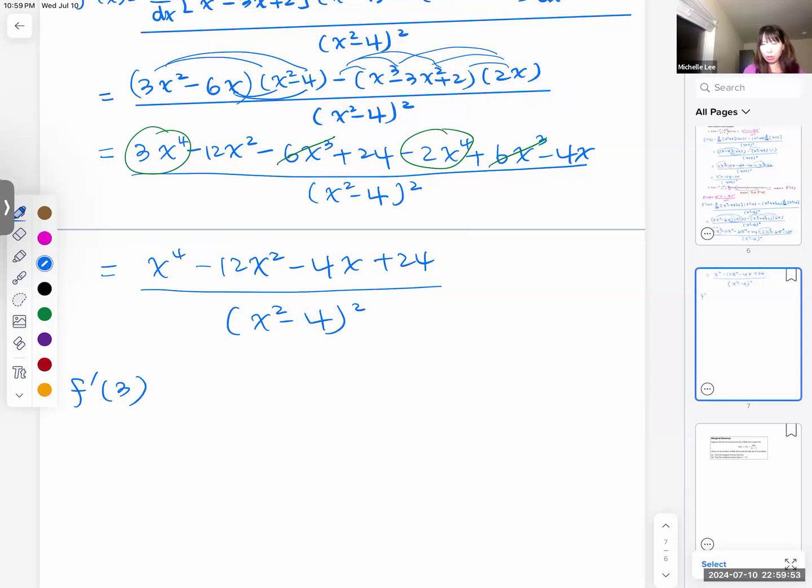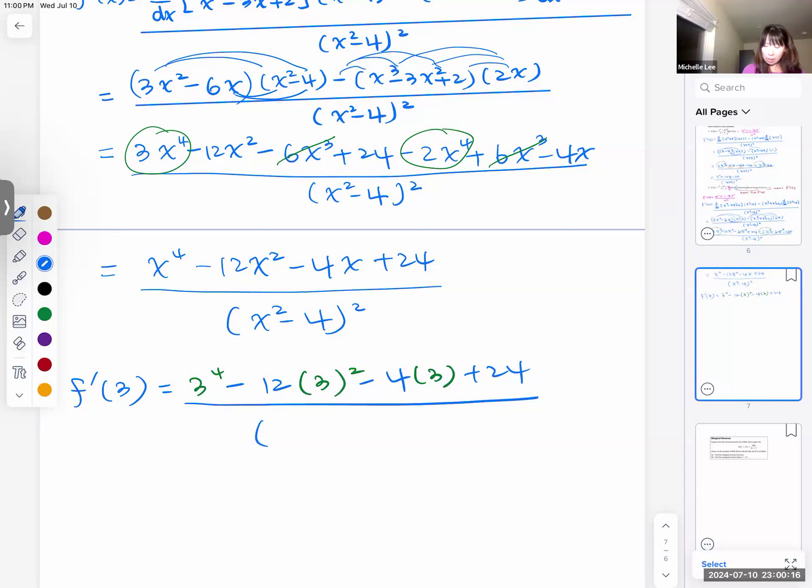The instantaneous rate of change. So we have 3 to the fourth power minus 12 times 3 to the second power minus 4 times 3 plus 24, divided by 3 squared minus 4 to the second power. Okay, let's calculate.